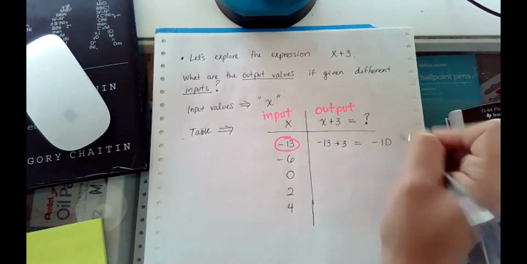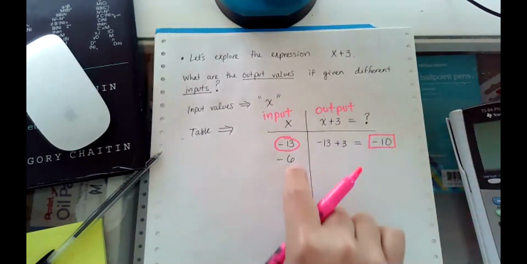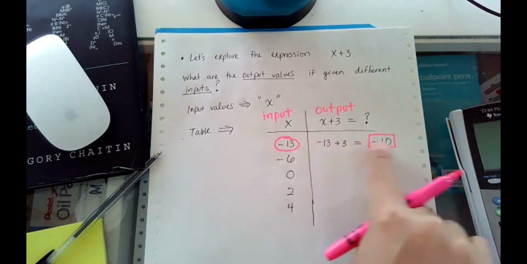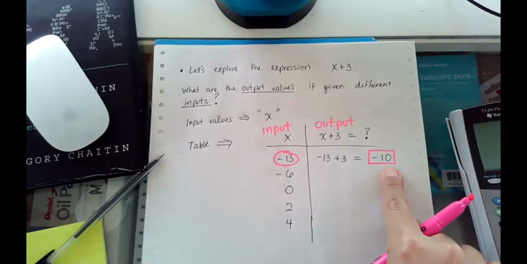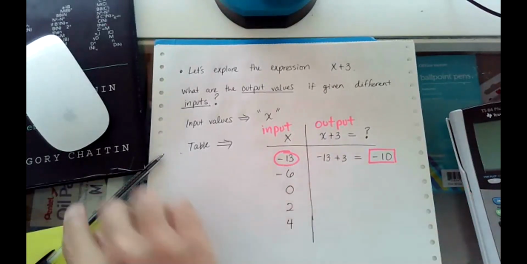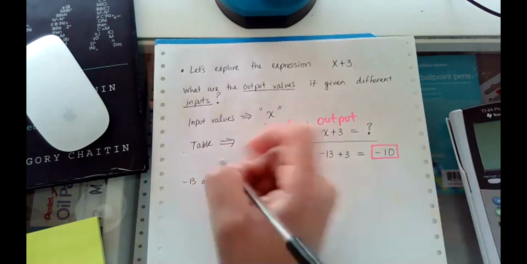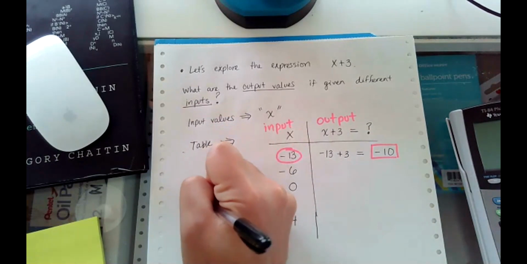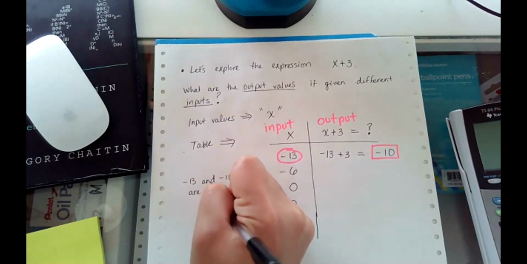Yeah, it's negative 10, right? So this is my output value. If I plug in negative 13 into this expression, I get out negative 10. So in some sense, negative 13 and negative 10 are related quantities.